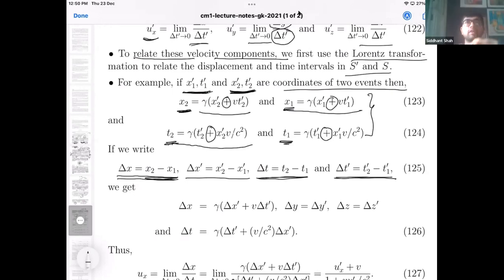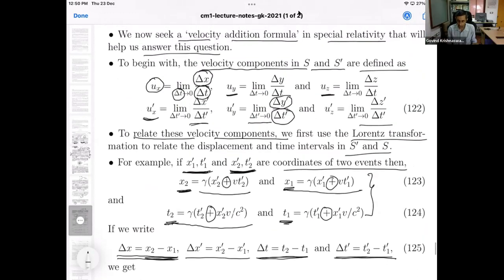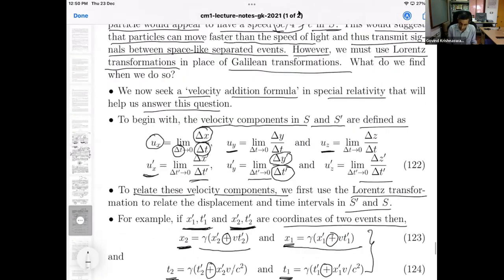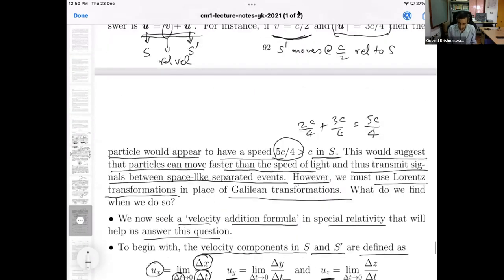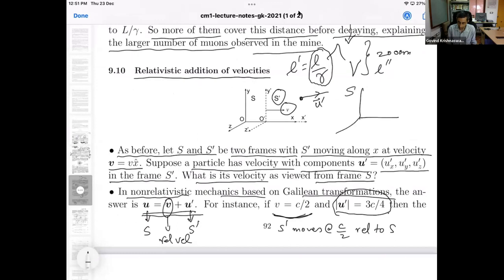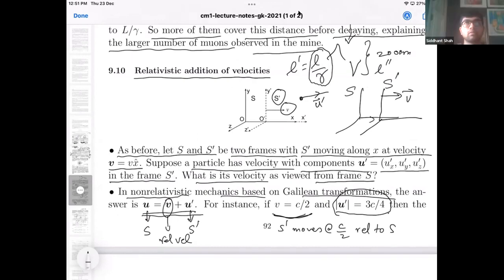Sir, just could you confirm the direction of velocity v you've taken? Yeah, see, the direction of velocity actually doesn't matter too much. Oh, v. Okay, yeah. So v is the velocity between the two frames. That has been taken along the x direction of S. So this was S, and S prime is moving with velocity v relative to S. So this is x, that is x prime.